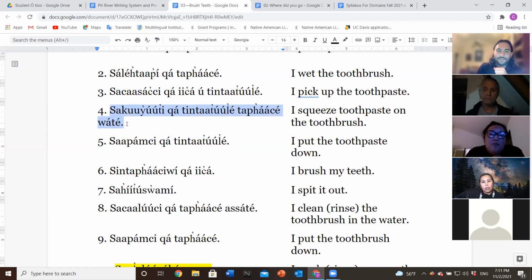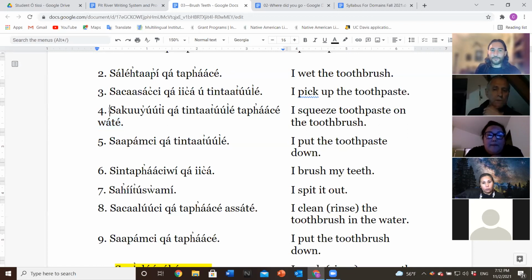What does the last word mean? Wade. It's kind of like a location. It can mean like on or in or next to, basically. So it just means a location. Here you have daphaje, which is the toothbrush, and wade means you're doing it to that thing.